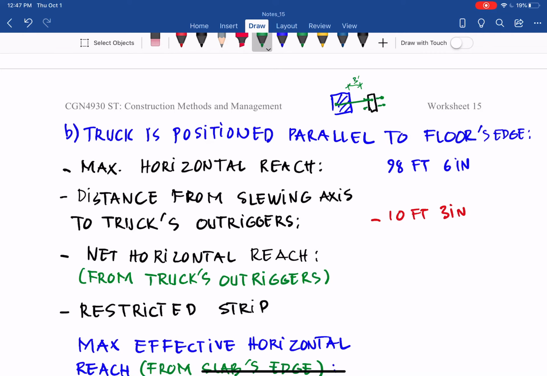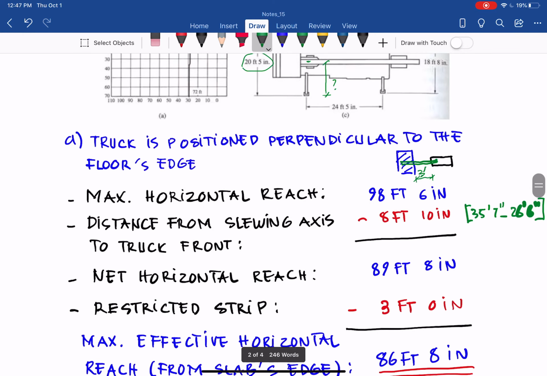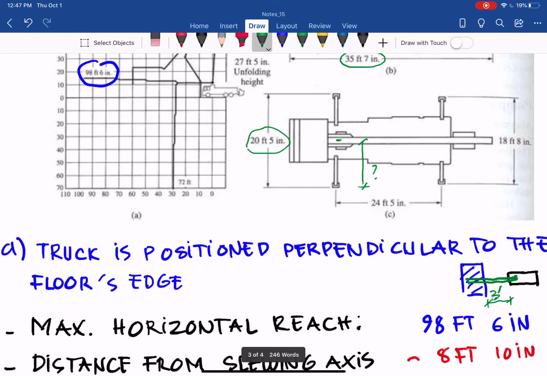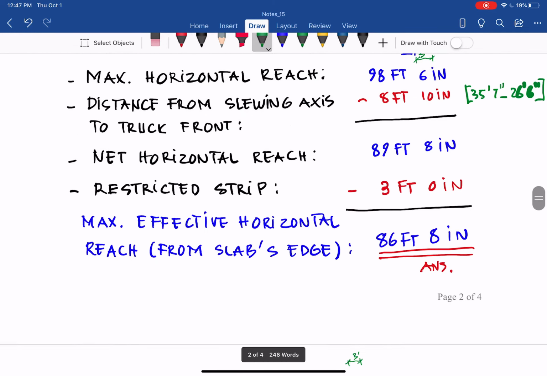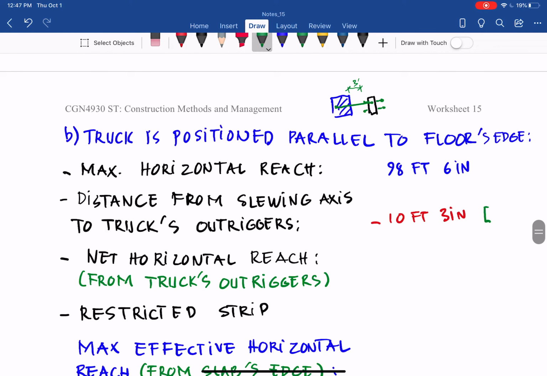Where does that come from? It is 20 feet 5 inches divided by 2, and I round up. That is where it comes from.